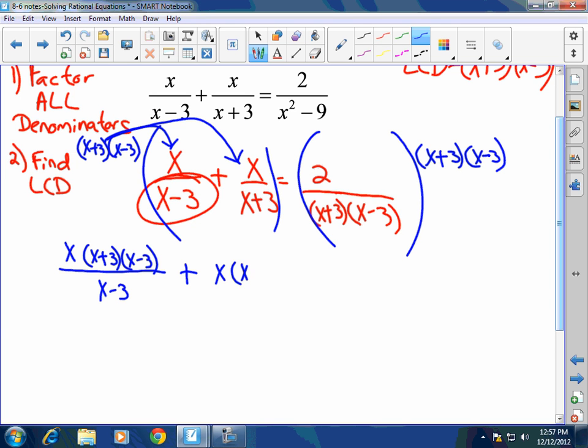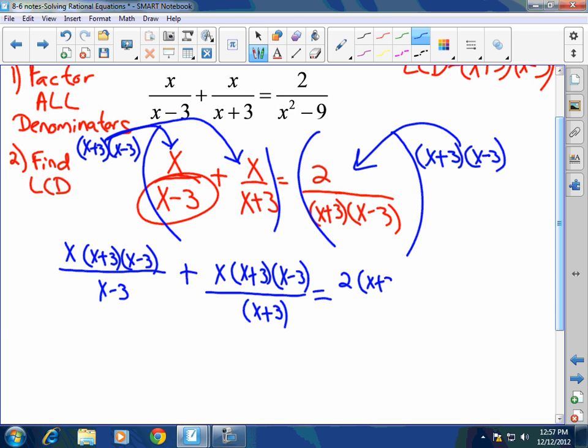X times X plus 3 times X minus 3 over X plus 3 equals, when you multiply this to this, it's going to be 2 times X plus 3 times X minus 3 over X plus 3 X minus 3.